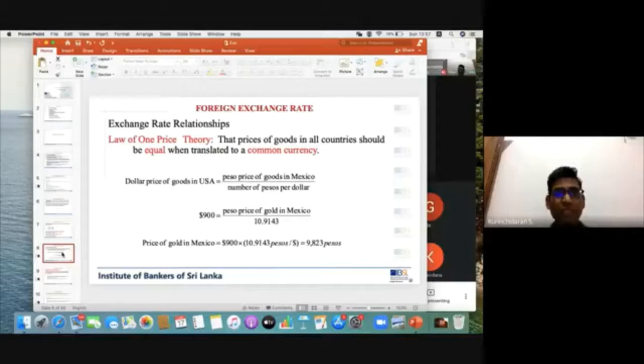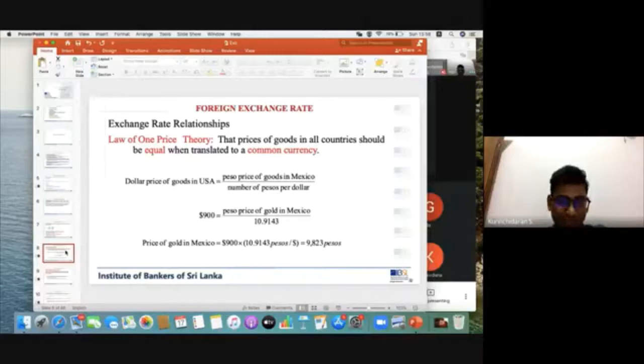Dollar price of goods in USA. So in USA, you are going to buy a good whose price is $900. That should be equal to the peso price of goods in Mexico divided by the number of pesos per dollar.